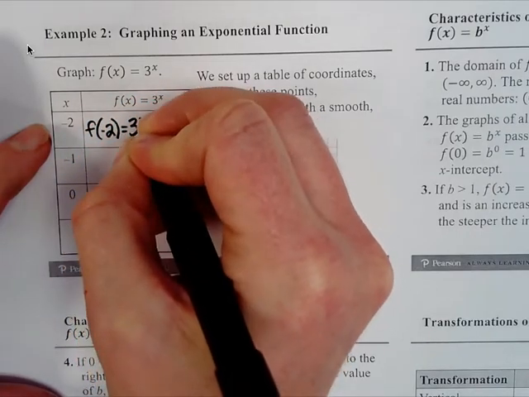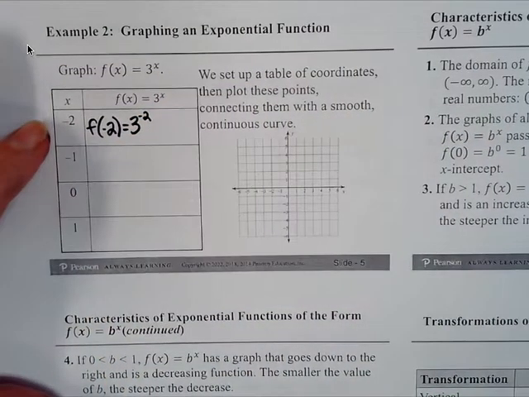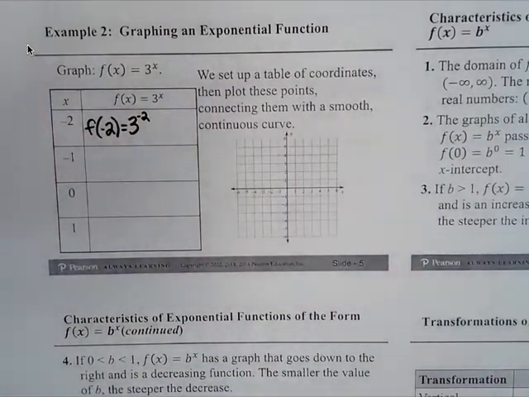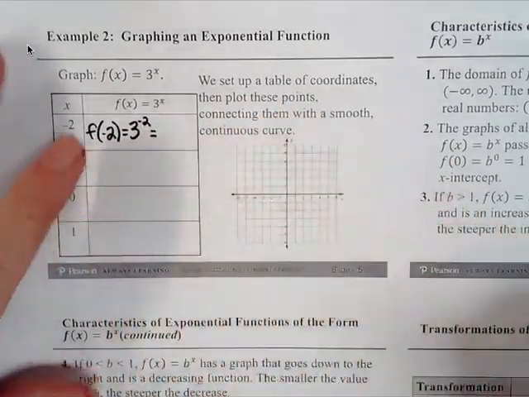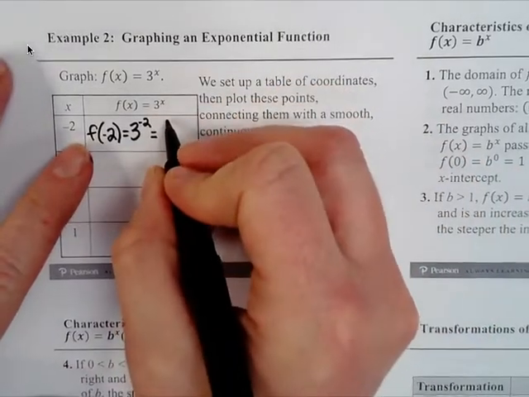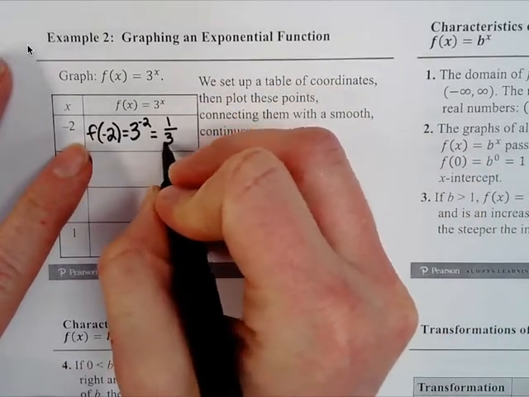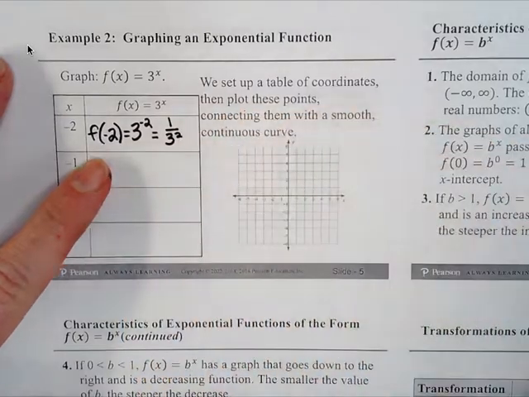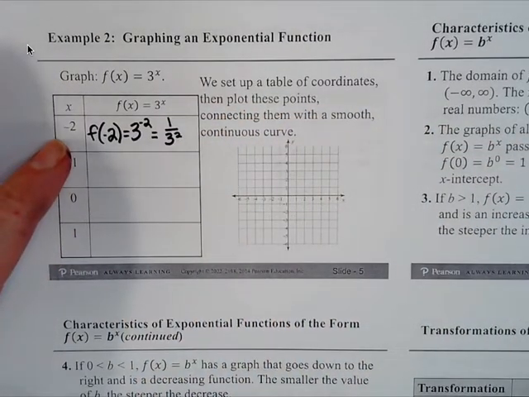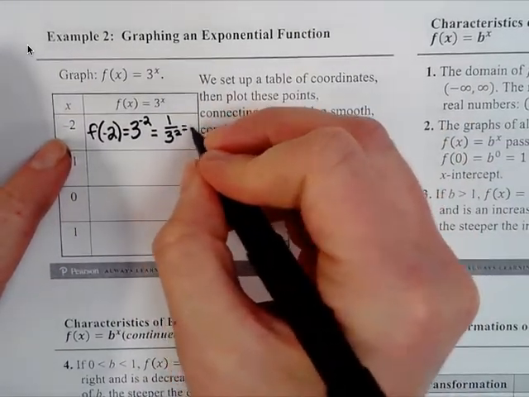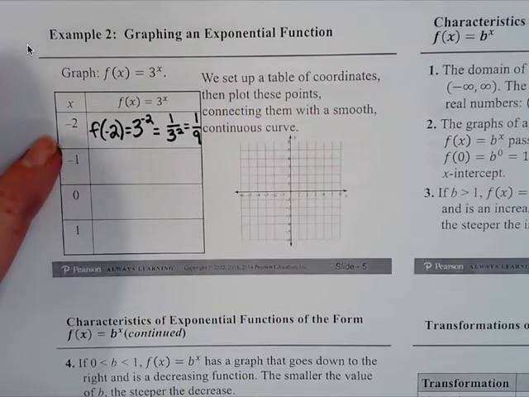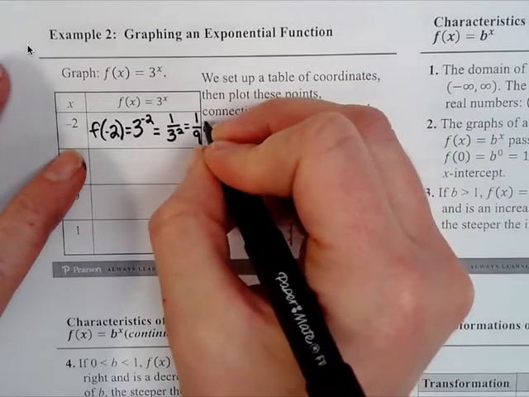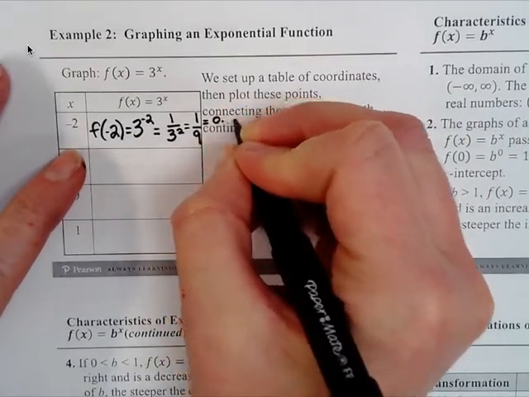is 3 to the negative 2, which, using our law of exponents, we know that if you have a negative power, you move it to the denominator. So 1 over 3 squared, which would be 1/9, which would be, what is 1/9 as a decimal?